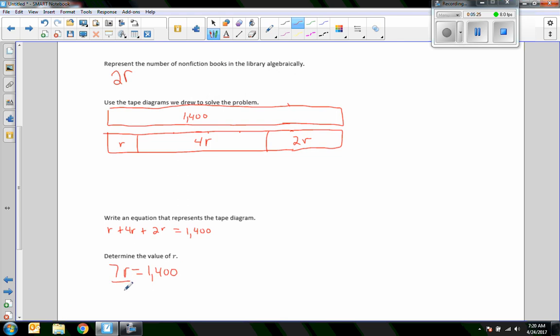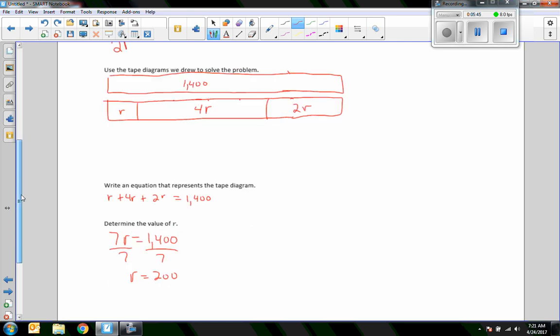And if I solve this, divide both sides by 7, then R equals 200. Okay, so we know there are 200 resource books.